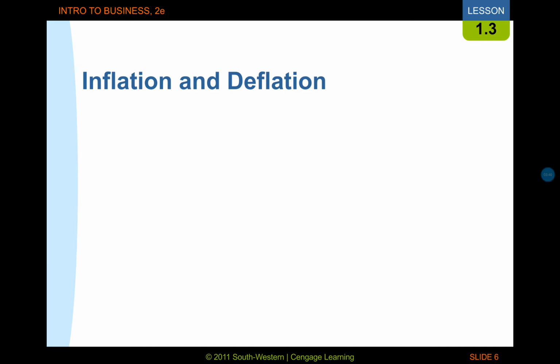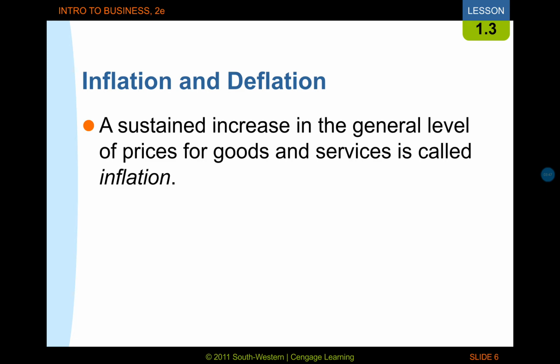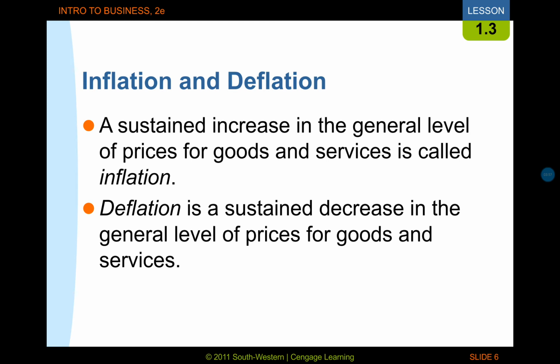Now let's look at inflation and deflation. A sustained increase in the general level of prices for goods and services is called inflation. And the opposite would be deflation, which is a sustained decrease in the general level of prices for goods and services.